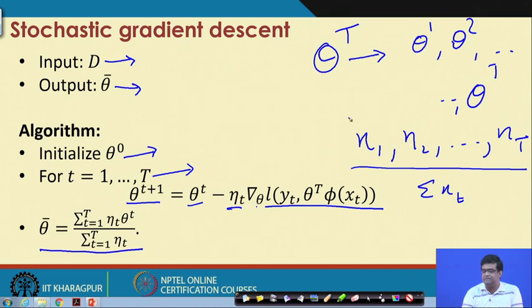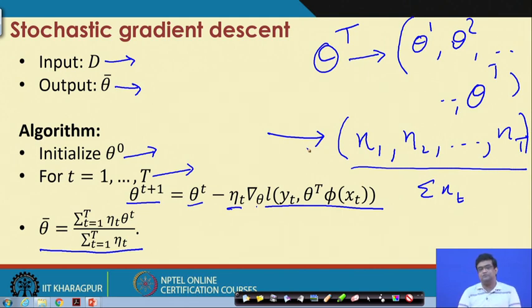So, you are basically making a probability distribution out of this learning rate, and then you are taking the weighted average with respect to this probability distribution as the final output. So, instead of putting all your weight on the final parameter, you are just taking a weighted average over all the parameters.